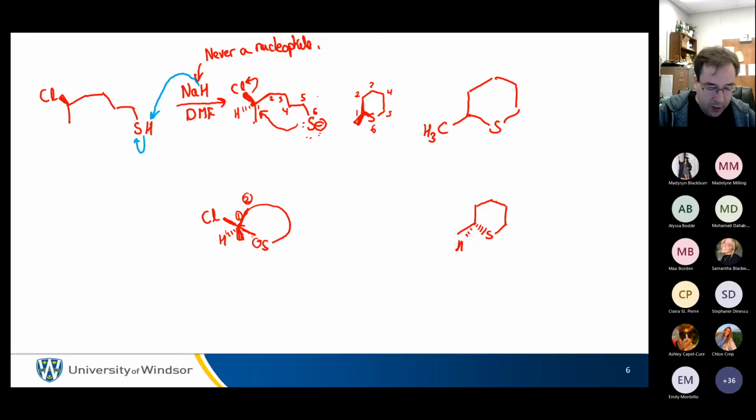So if I'm thinking about this, let's just draw carbon 1. We've got the methyl group. We've got the hydrogen. We've got the rest of the ring. I'm just going to draw it as a swirly thing. We have the S. We have the chloride. So we're forming that.